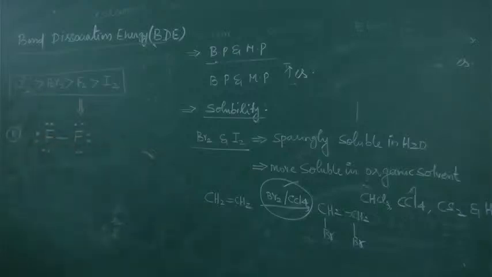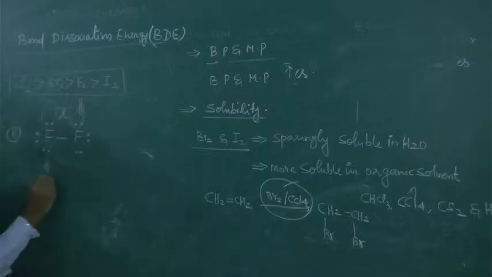Is it clear? So obviously the lone pair repulsion is going to be more. Why is repulsion going to be more in the case of fluorine? All of them have lone pairs, but because of its small size.